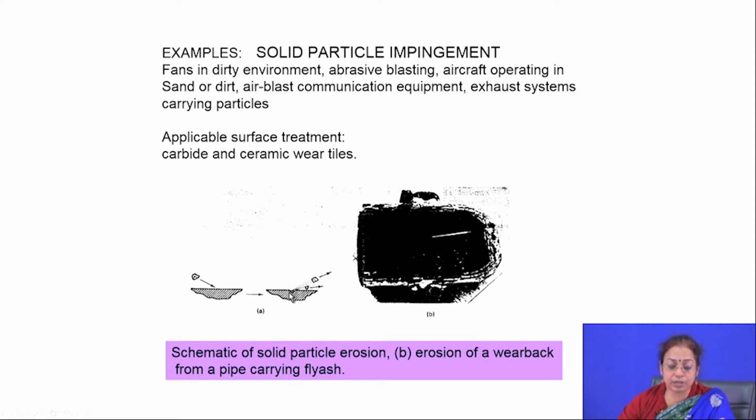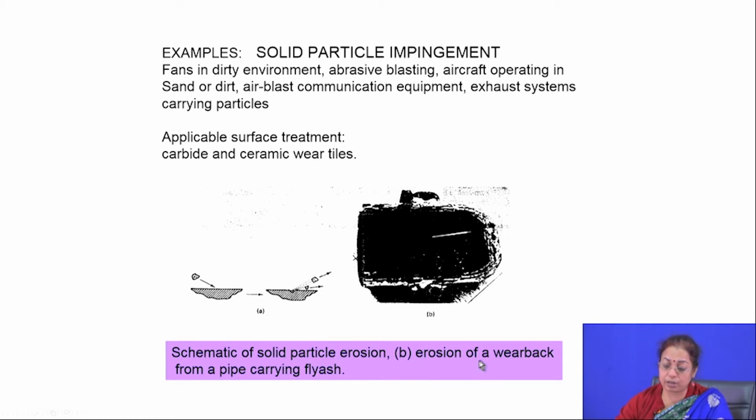If you see the characteristic features of solid particle impingement, you will find small pits and holes on the surfaces, depending on the velocity, mass and size of the particle. These are the characteristic features of the surface.